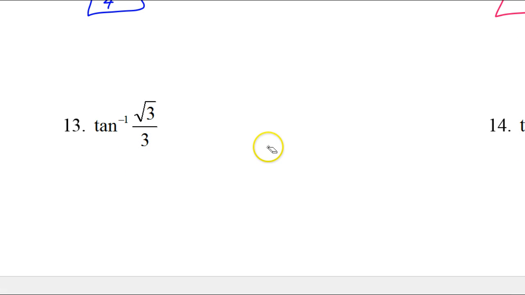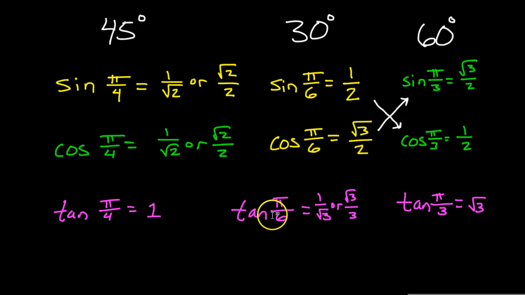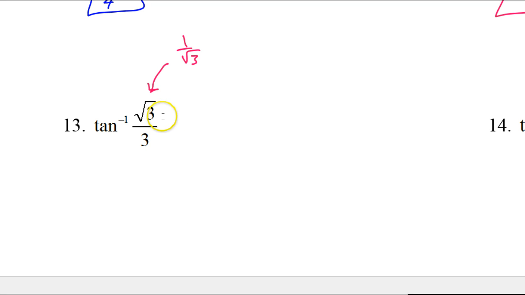Alright, number 13. Inverse tangent of radical 3 over 3. Don't forget that radical 3 over 3 is the same thing as 1 over radical 3. So, this is an angle. It's the angle whose tangent is 1 over radical 3. Remember the chart? Pi over 6. Now, that means pi over 6 is definitely the reference angle.